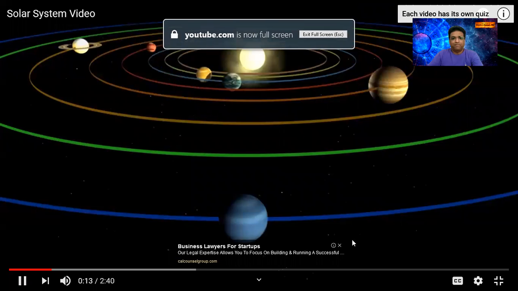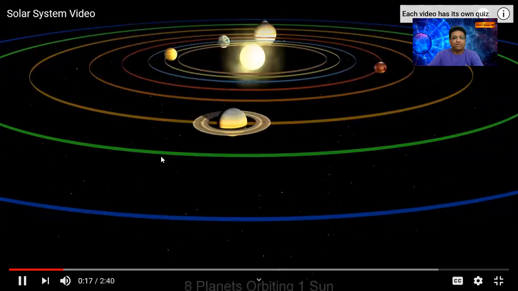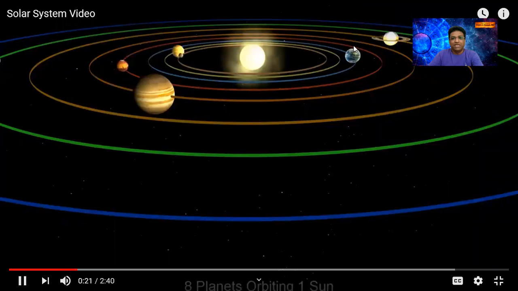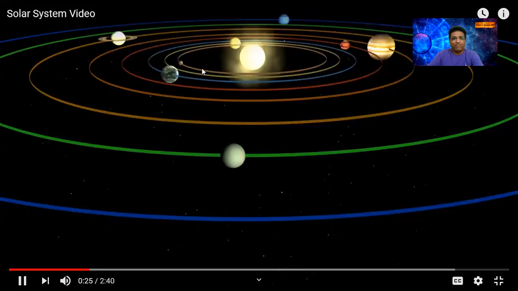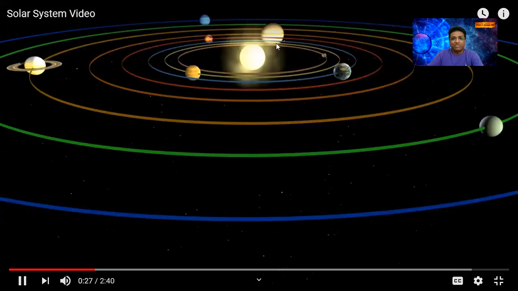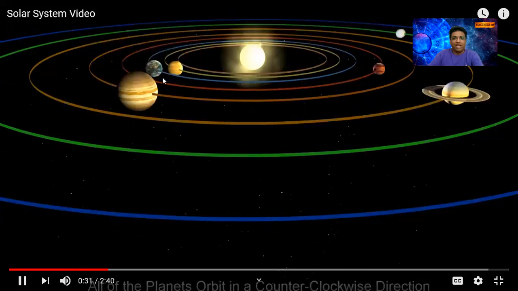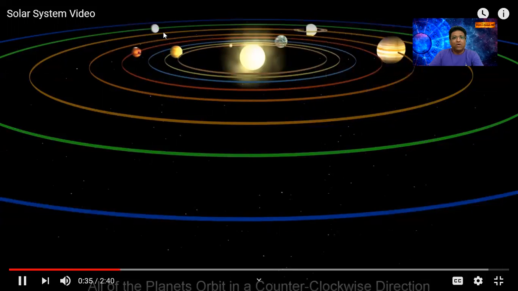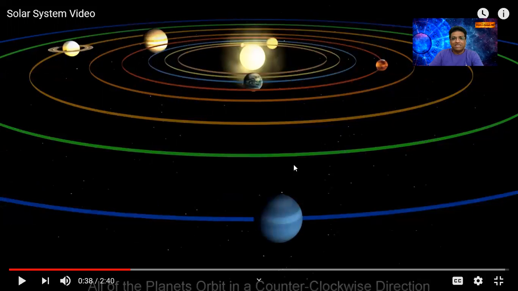See, all the planets are rotating, including the Earth. And you see these planets are moving faster. That is because they are closer to the sun, Mercury and Venus. And this long blue one, yeah, this is Saturn, right?